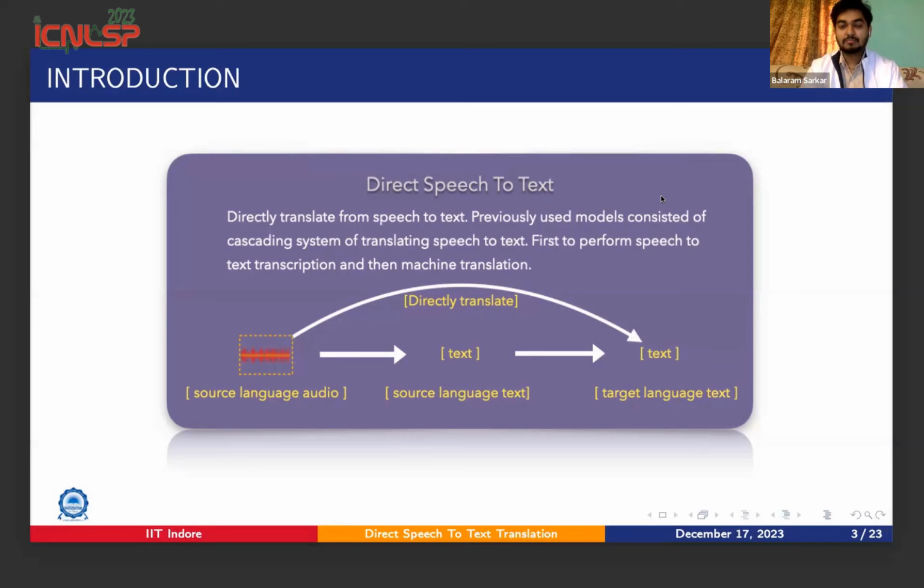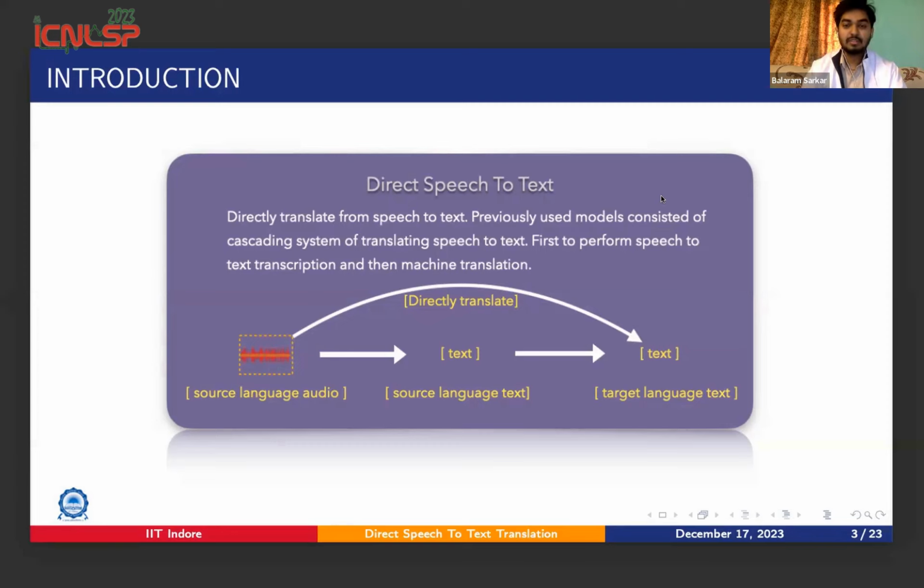The latest or current method being used is the direct approach, where we don't need any intermediate stage in between. The source language audio is directly translated into the text format of the target language.